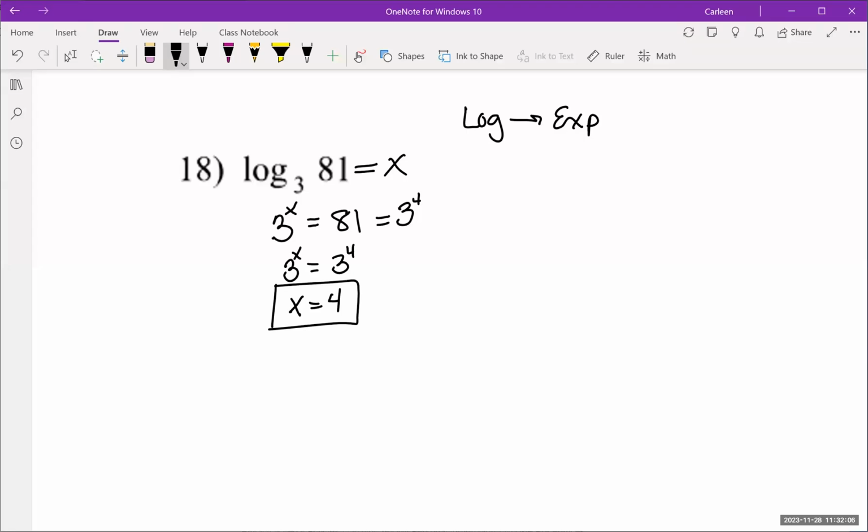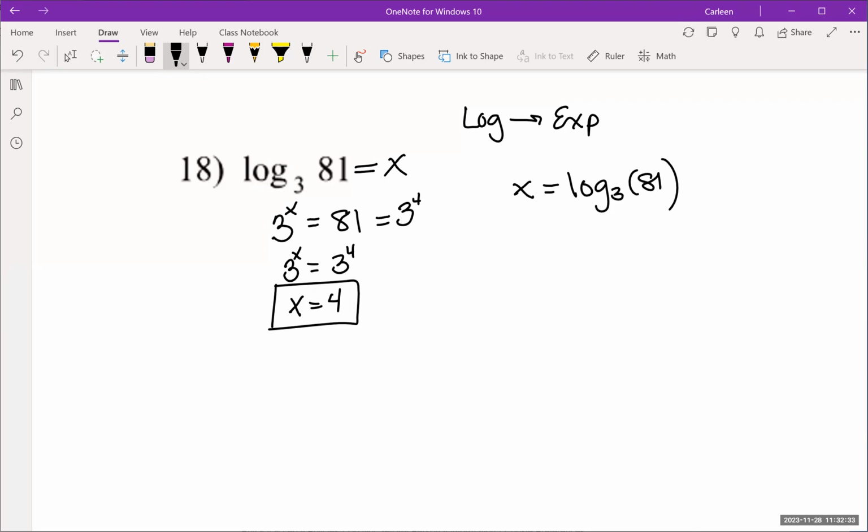Okay, how are we doing on these particular problems? Okay, now, do we want to see a calculator version? The calculator will only do base 10.